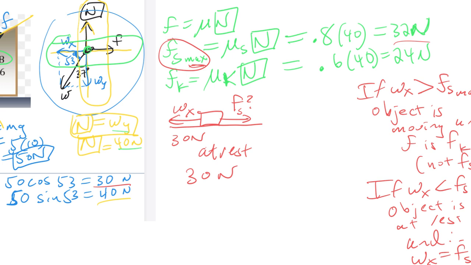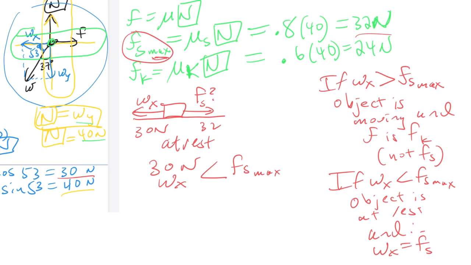Wx is less than Fs max. Fs max is 32. 30 is less than 32. So the object is at rest and Wx equals Fs.